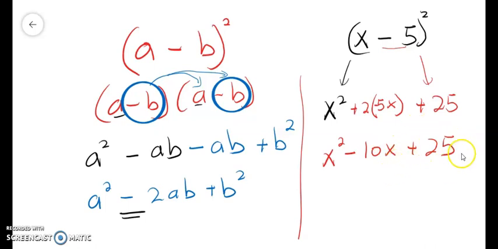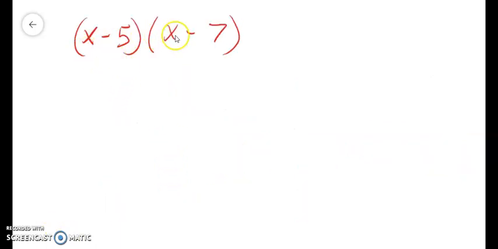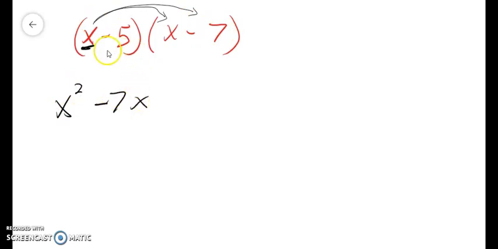Okay, let us move on with another example. Let's say you have a different type of expression over here. So what you're going to do here, we just multiply as usual. x times x, you got the x square. x multiply with negative 7, you'll be getting the negative 7x. When you are taking the inside one, please make sure you put the circle here to ensure that you have selected the sign together.